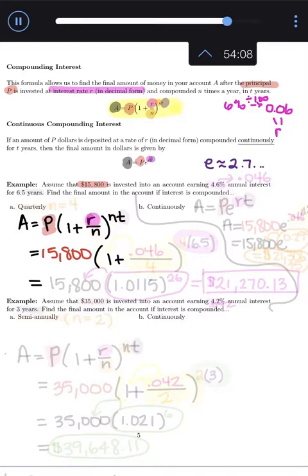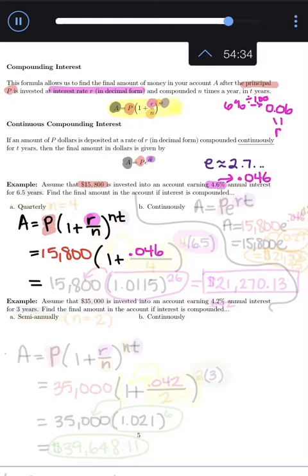Well, our interest rate r is 4.6%. What is that as a decimal, though? Divide that by 100, and it'll become 0.046. It moves the decimal place 2 places to the left. So our interest rate is 0.046.